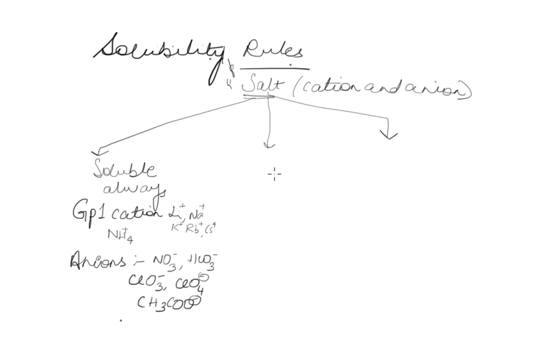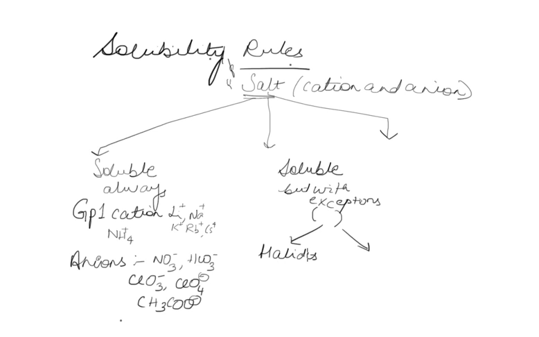The second category that I want to talk about is, in a sense, usually soluble, but with exceptions. And I want to put the exceptions in parentheses. So there are two kinds within this. One is halides.